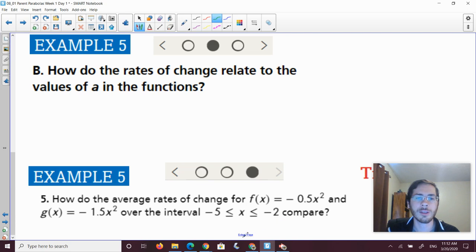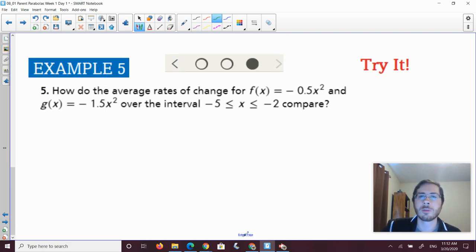So the try it down here asks, how does the average rate of change for negative 0.5x squared and negative 1.5x squared compare? Well, negative 0.5 times what number is negative 1.5?